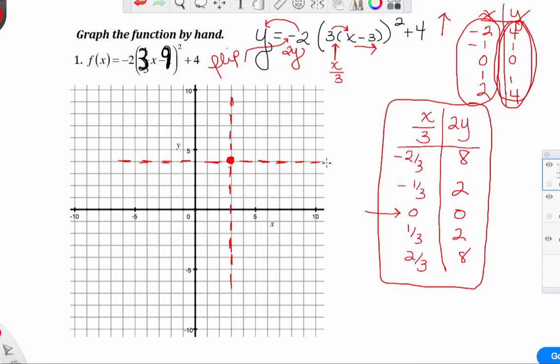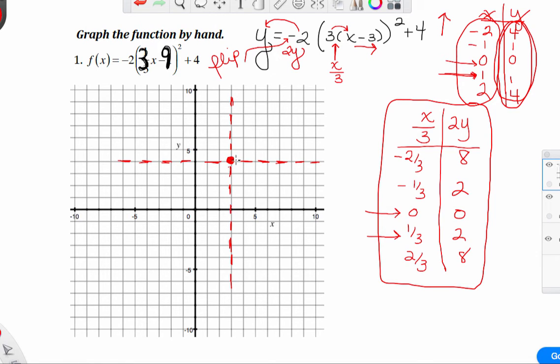And I already have my 0, 0 plotted. And then instead of plotting 1, 1 from that point, I'm going to be plotting 1/3, 2, and making sure that I go upside down on the y. So instead of going over 1, I'm going to go over 1/3.